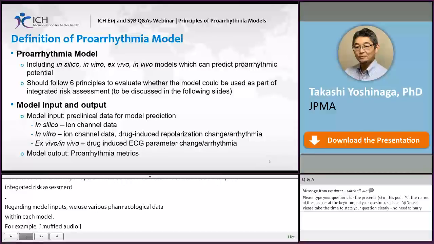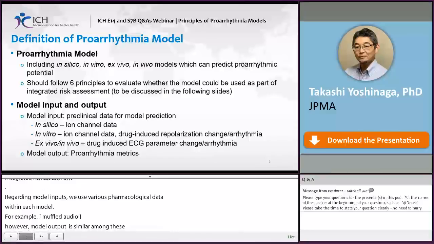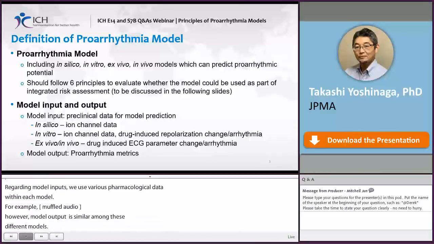However, model output is similar among these different models. Many models get proarrhythmia metrics. I will show you some examples which have a potential for prediction model in next slide.